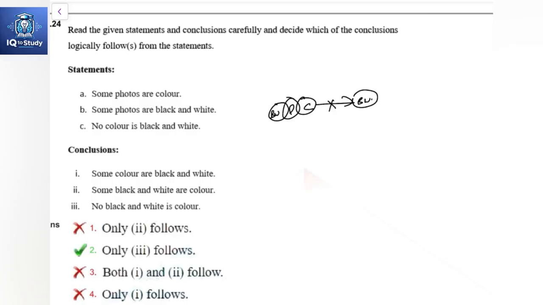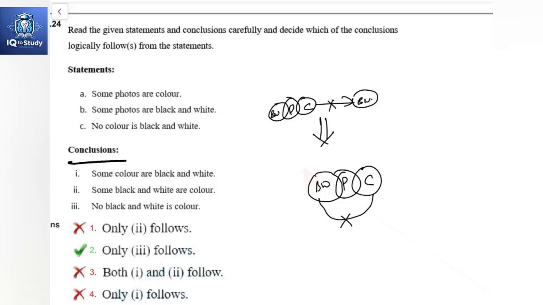This can be drawn as a diagram, and the conclusions are given as: some color are black and white, which is false. Some black and white are color, which is false. No black and white is color, which is true. So only option 3 follows.